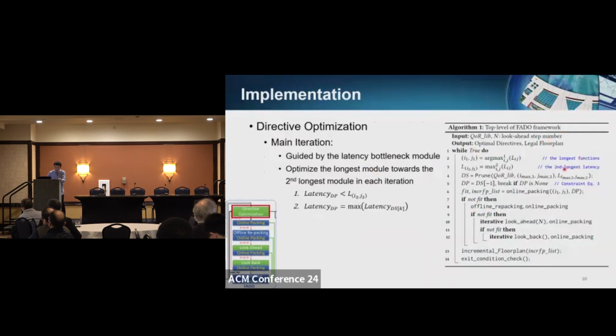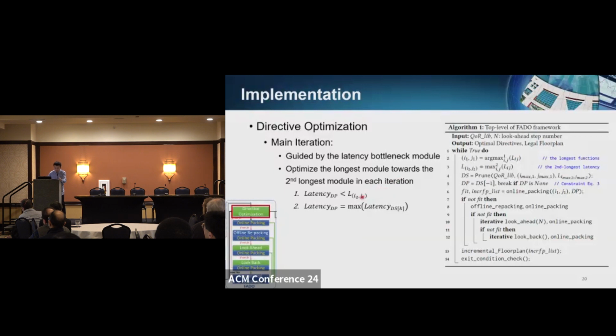In next step, we try to find a special design point, represented by DP, for the current longest function. Okay, this is a new design point, has two special properties. First, it is smaller than the second longest latency in the current iteration, which means that we expect the current bottleneck to be optimized and not the bottleneck anymore in the next iteration.